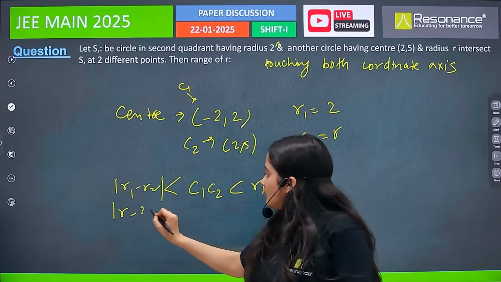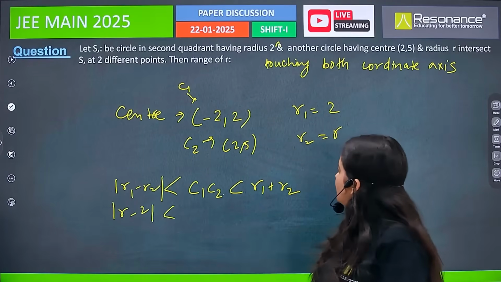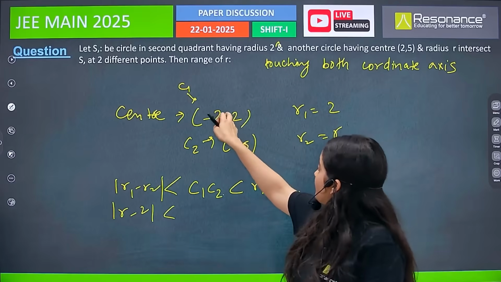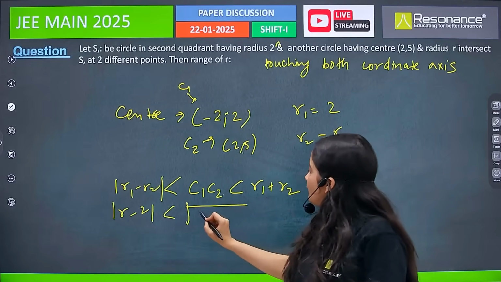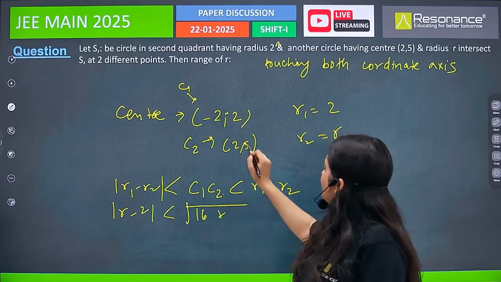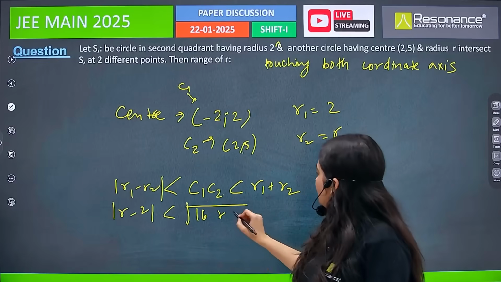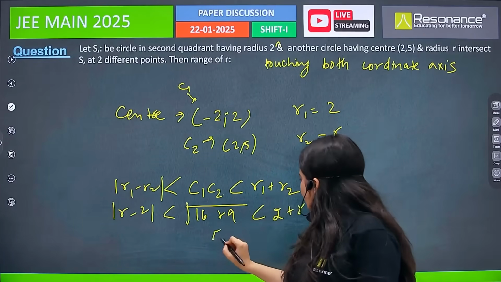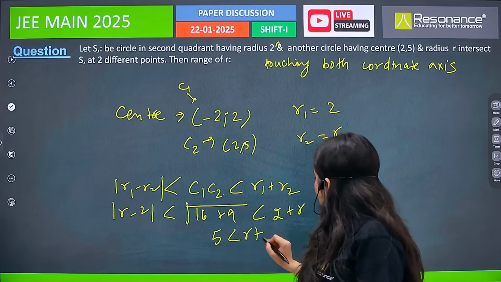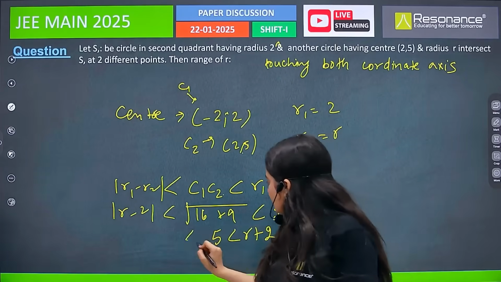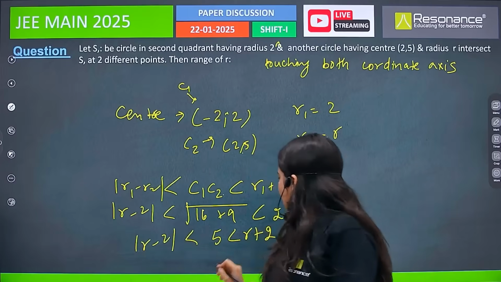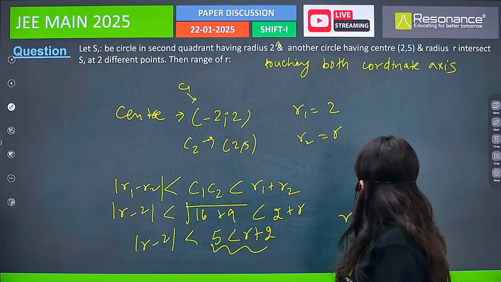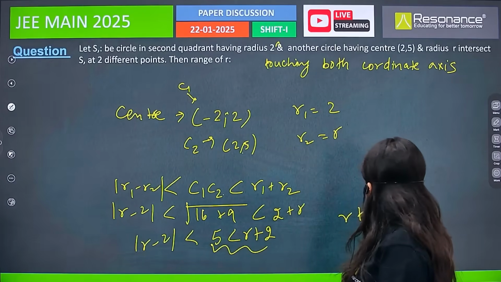So mod R minus 2 is less than C1C2, the distance between the centers, root of 2 plus 2 whole square, 4 square 16, plus 5 minus 2, 9, which is less than 2 plus R. So this is 5 is between R plus 2 and mod R minus 2. So from here I have R plus 2 is greater than 5, R is greater than 3.